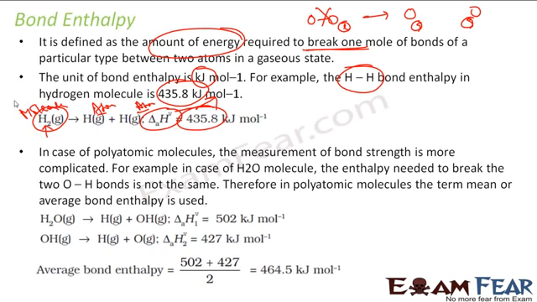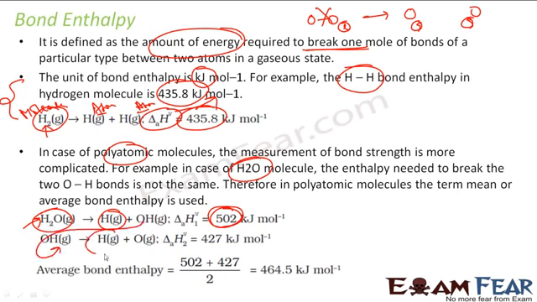In case of polyatomic molecules, for example H2O, it is a little more complicated. In water, I need 502 kilojoule per mole to take out the first hydrogen. To take out the second hydrogen from the remaining OH, I need 427.